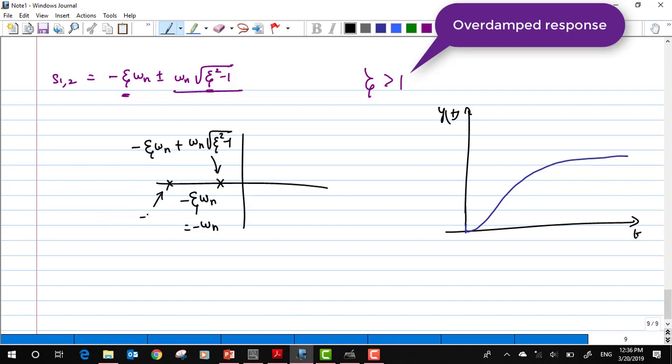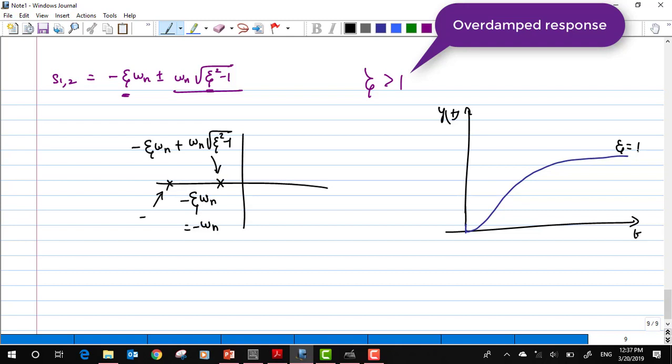Now how would the response look for this type of system? Will I have a much larger slope when compared to the previous case where zeta is equal to 1? When I compare to this, how do I draw the slope of this particular system? Underneath or above that?